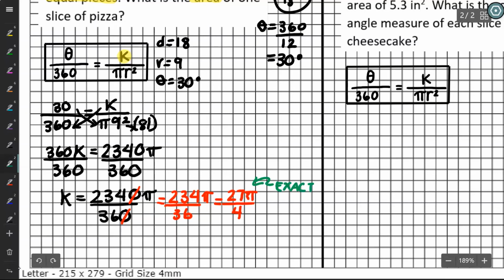And if I plug that into a calculator, I'll get 21.2, let me leave it like that, inches squared. And this is inches squared as well. And this is my rounded value. So again, exact is what IXL asks for, so you have to simplify these fractions down. Rounded is what you'll need to do for your exit ticket.